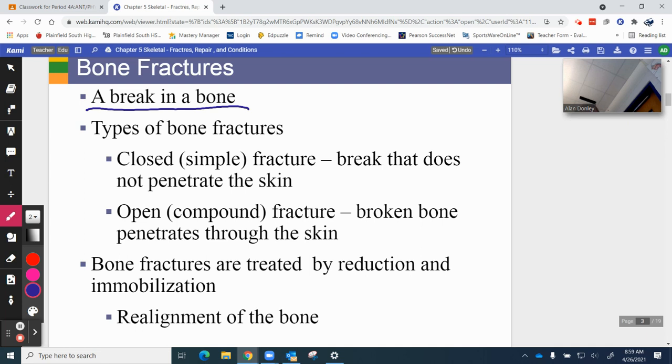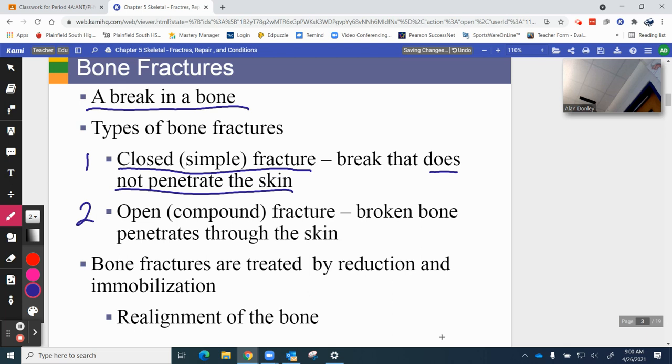Okay, so there are a couple different types. They're broken up into essentially two different categories. We have what are called closed and open fractures. Closed often are referred to as simple fractures. Essentially what happens here is these fractures do not penetrate the skin, so the bone, when it breaks, does not stick itself outside the skin.